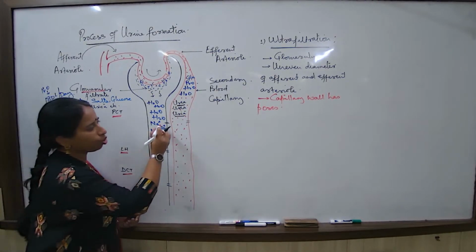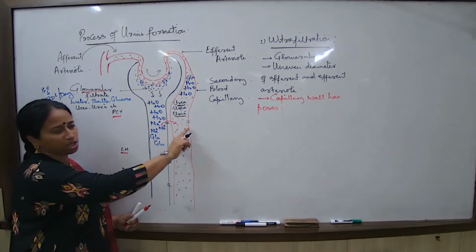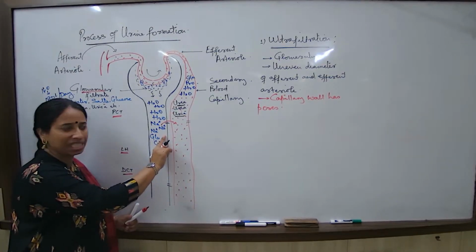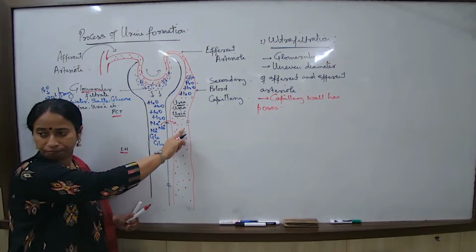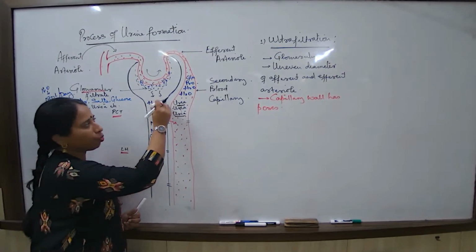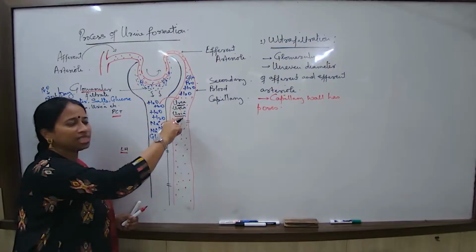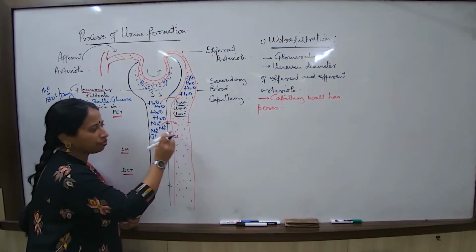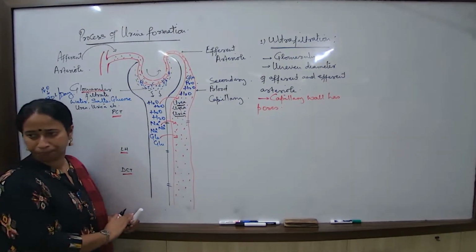Immediately a process known as diffusion happens, where a whole lot of sodium starts diffusing from the PCT towards the blood capillary. A whole lot of water starts diffusing from the PCT towards the blood capillary. Some amount of glucose starts diffusing from the PCT towards the blood capillary.